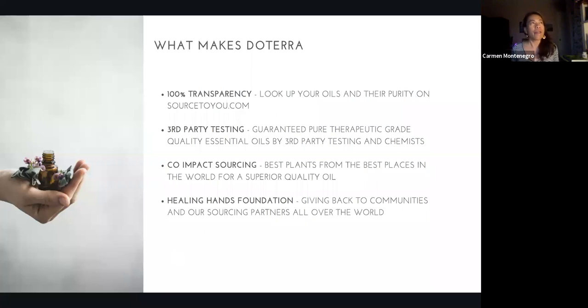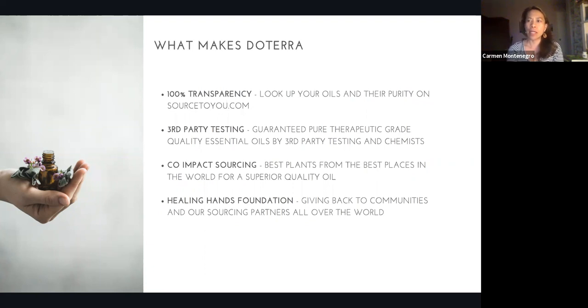So for me, that was my love at first sight. I wish wherever I worked as an employee, the company would also take care of its employees. But anyway, that's where co-impact sourcing was born. doTERRA realized that you have to take care of the planet, if not, it will not take care of us.